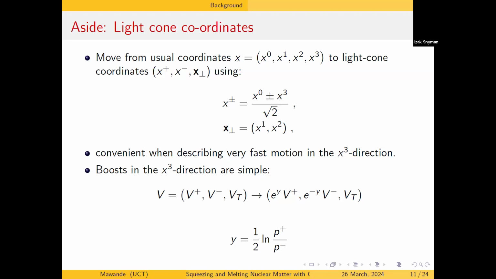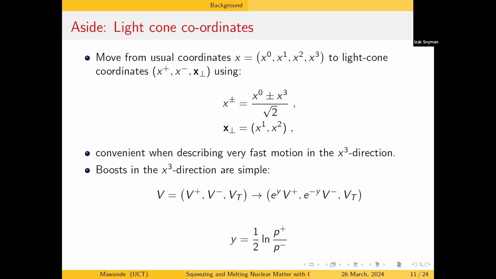The details we are going to discuss, but this is what you get: an enhancement of the plus and a suppression of the minus component. And your rapidity now takes on this form, looking at our previous definition. It's actually just the log of P plus over P minus, P representing the momentum of a given particle.